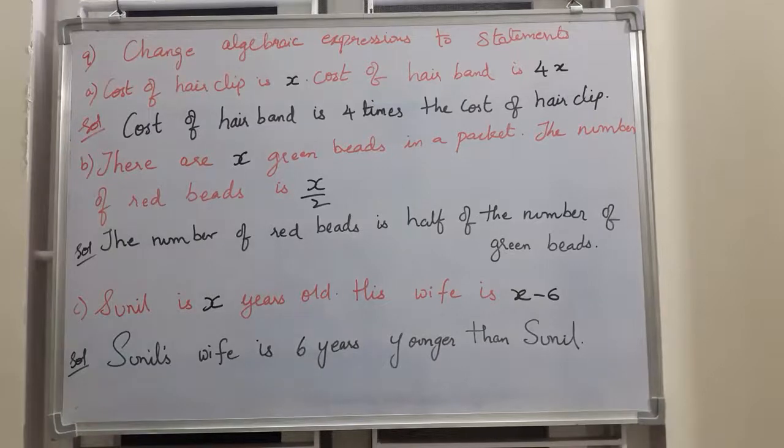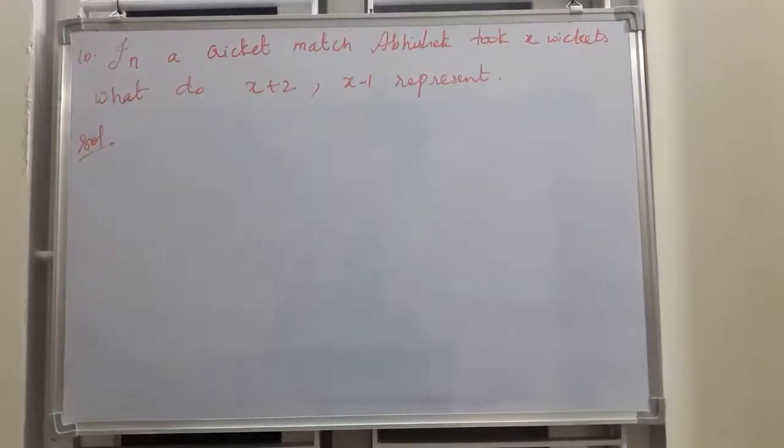Now we'll go for the 10th sum. The 10th question is: in a cricket match, Abhishek took x wickets. What do x plus 2 and x minus 1 represent? I don't know how many of you know cricket. I think IPL is going on, so at least you might have an idea about wickets and runs. If you don't know, it's a game played by 11 players and the bowler will take the wickets.